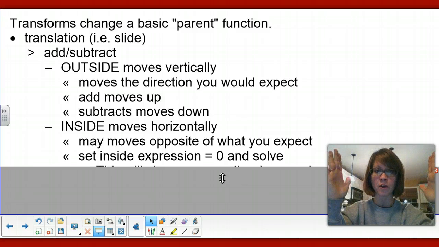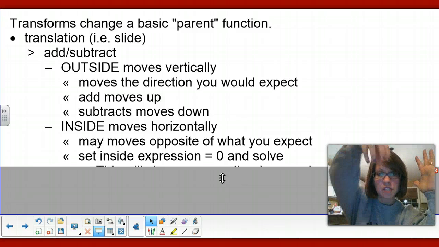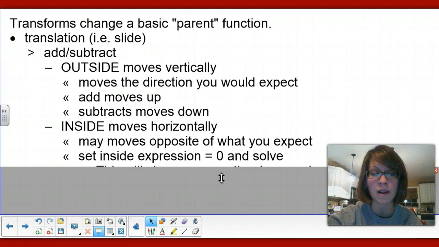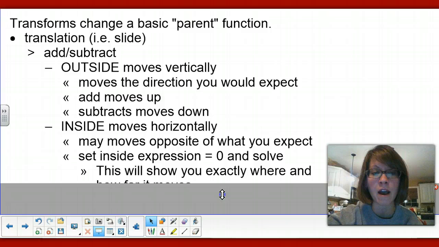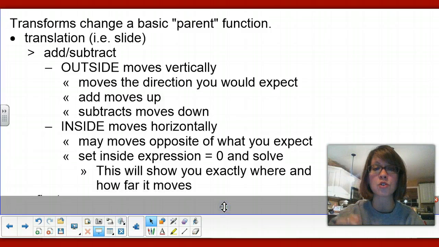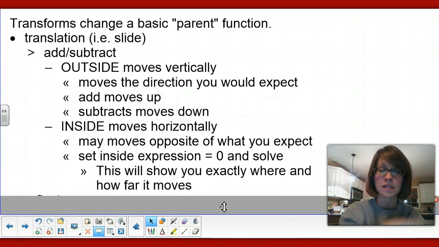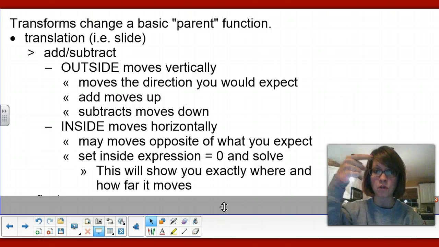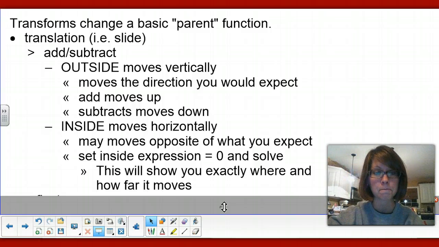I said the absolute value of x minus 3. You would set the x minus 3 inside equal to 0 and solve that. And then we have x equals 3. And so that tells you exactly it moves 3 positive units to the right. X minus 3 inside moves 3 positive units to the right.